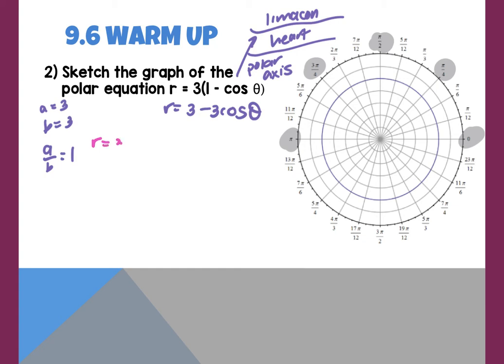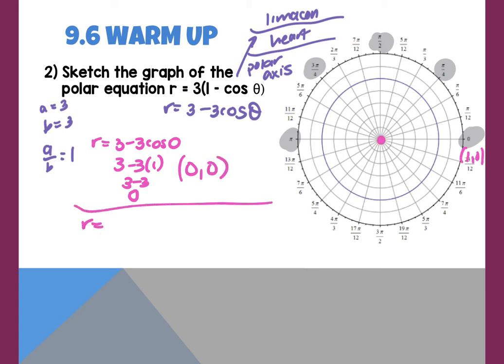So if r equals 3 minus 3 cosine at 0, the cosine at 0 would be 1. So 3 minus 3 times 1 is 3 minus 3, which is 0. So 0, 0 is a coordinate point. And then I'd go to the next one. So r equals 3 minus 3 cosine pi over 4. The coordinate point there is root 2 over 2 and root 2 over 2.